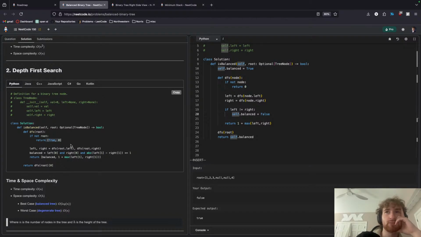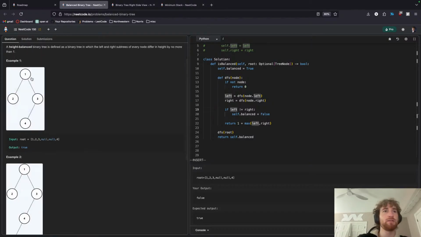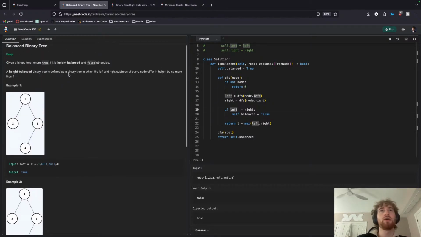I guess because we have to bubble up what the current value is. So why is he not just checking if they're not equal? Because they can differ by no more than one. Wow.